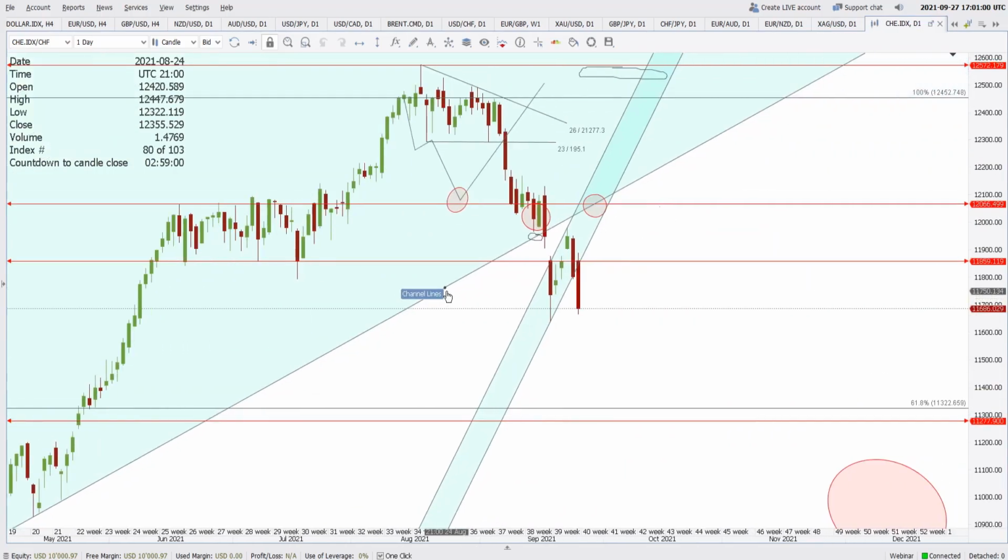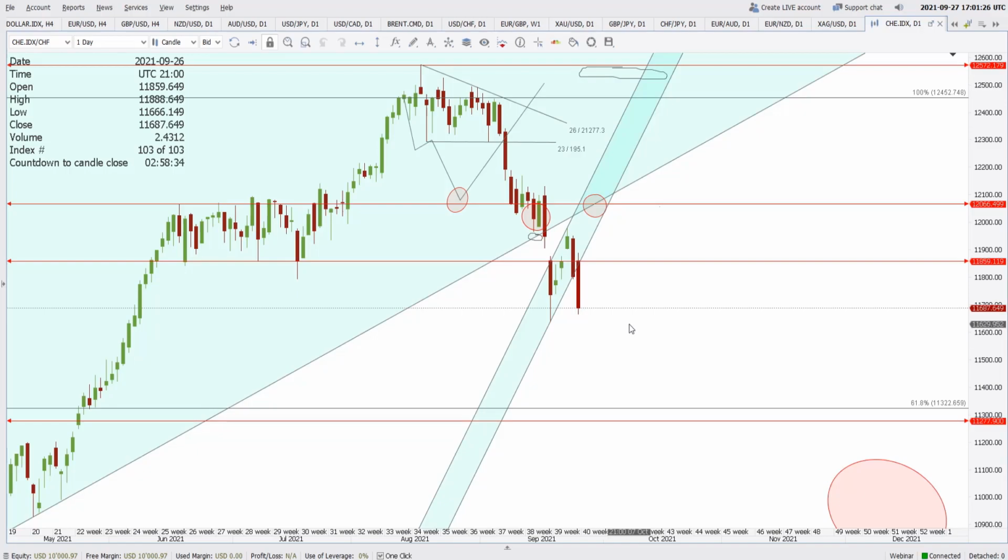Talking about the Swiss index, no surprises here. We saw a close below. We said that it is possible to go and retest this area, although it did not retest that area, somehow it moved a bit to the upside and then eventually broke lower, and now the price is at around 11,687, and what we are expecting in this one is actually 11,277.